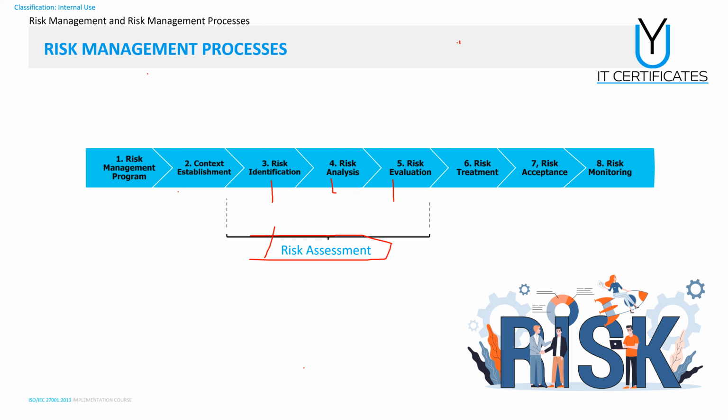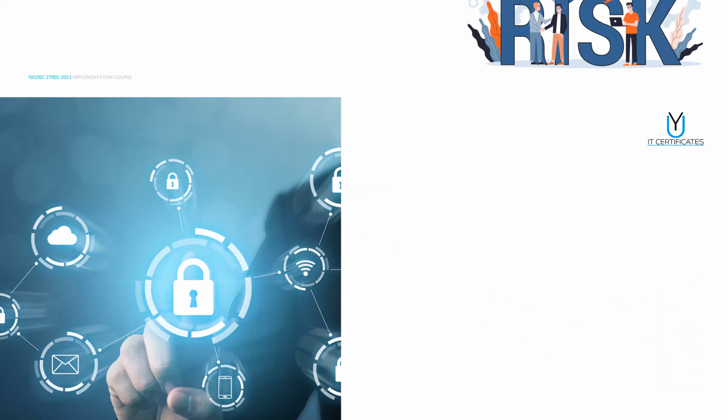There is a big difference between all these definitions. Risk management is totally different from risk identification, risk analysis, and risk evaluation. We will go through all these in detail, but I want to highlight this concept so you can concentrate in the next few slides to understand these concepts.